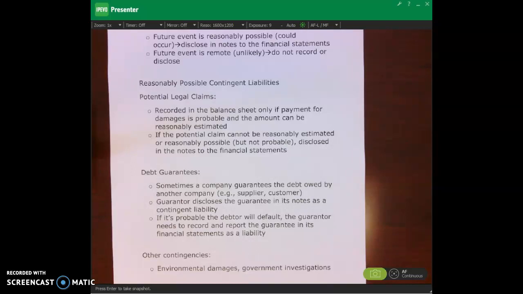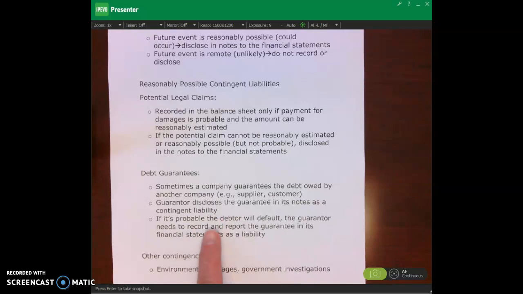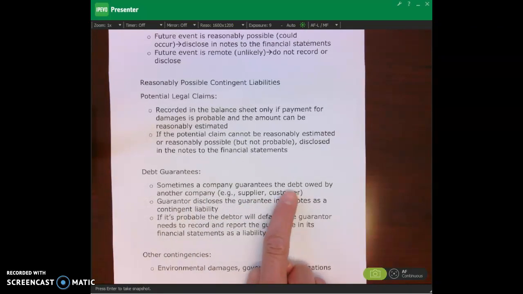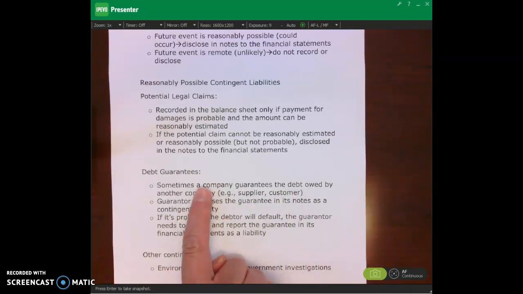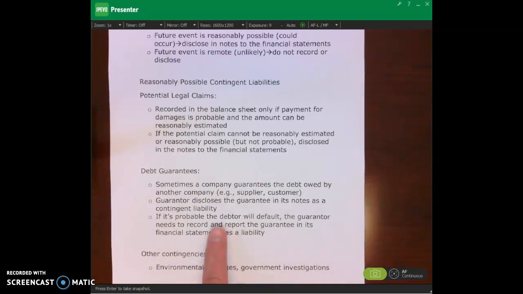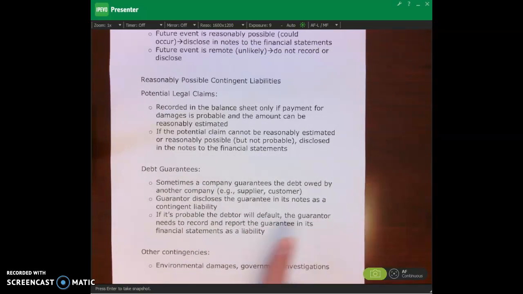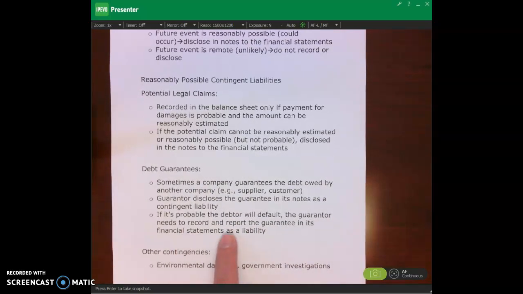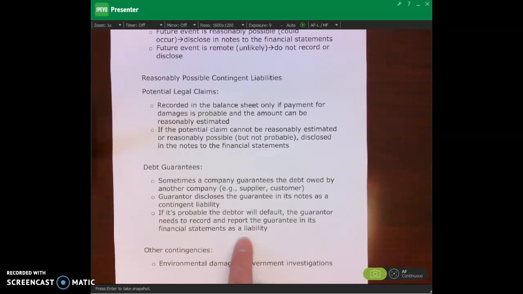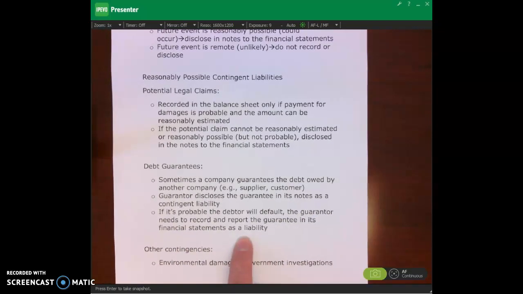They're going to have to disclose that as a contingent liability. But if it's probable that the debtor is going to default, and we've guaranteed their debt, that means we have to step in and pay some of that. If it's probable that that's going to happen, then we're the guarantor. We need to record and report that guarantee in our own financial statements as a liability.